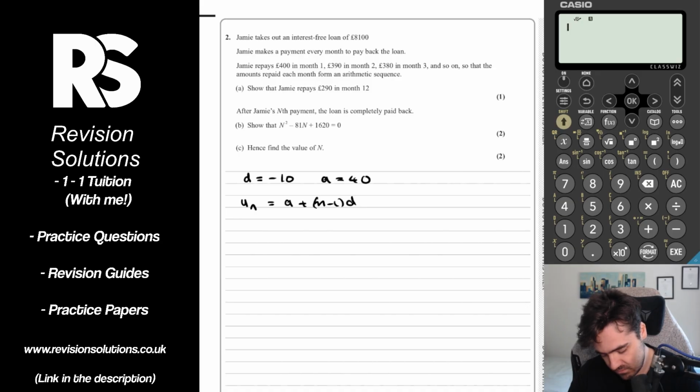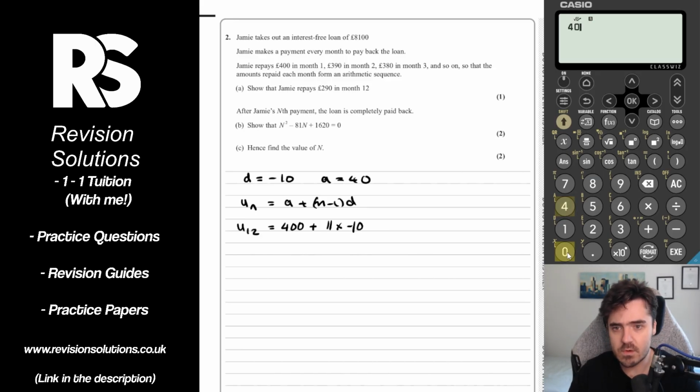So we're looking for U12, which would be 400 plus (12 minus 1), that's 11, times our difference of minus 10. Plugging that in the calculator, that's 400 minus 11 times 10. That gives us £290, which is what they asked us to confirm.